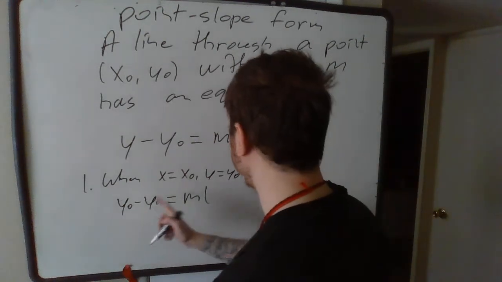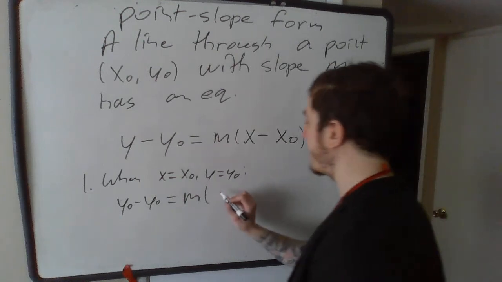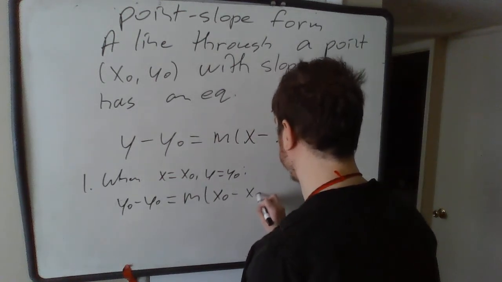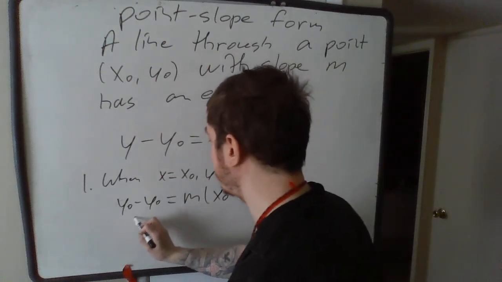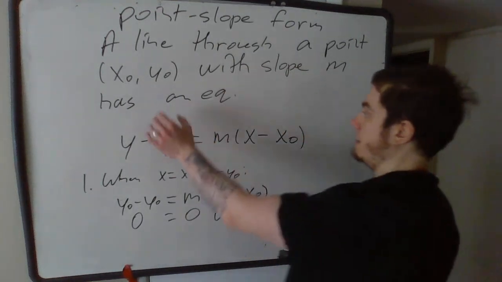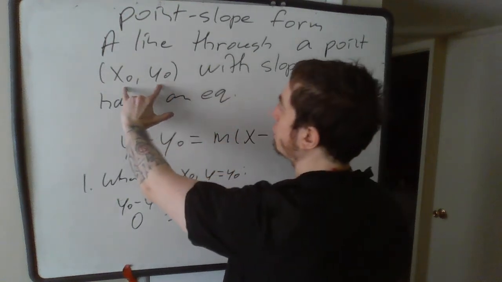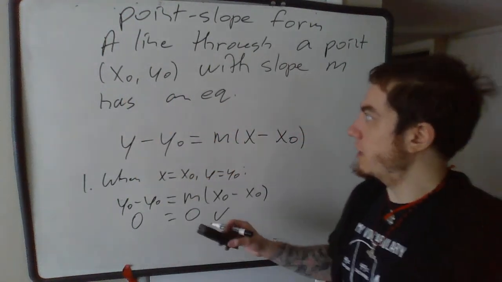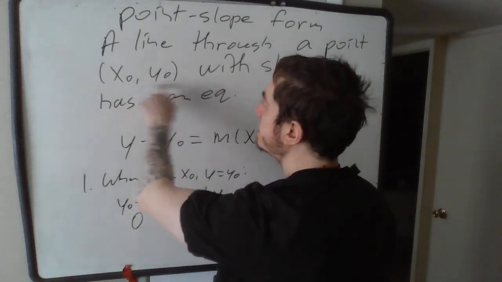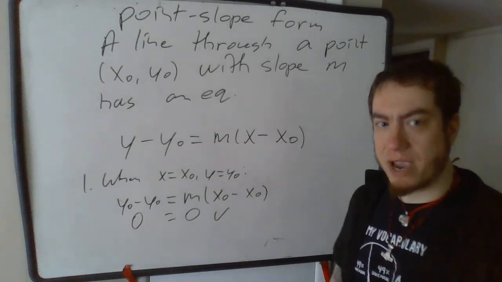And then on the right, if I substitute in x0 for x, I get x0 minus x0. But we see that this is just 0 equals 0, which is true. So my claim that this line actually goes through this point is true. These values for x and y are a solution to this equation.